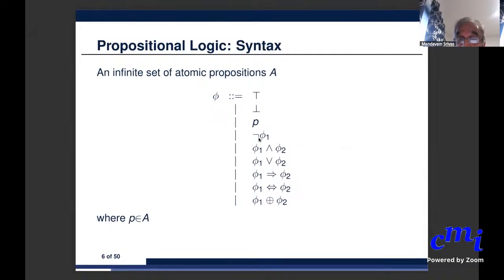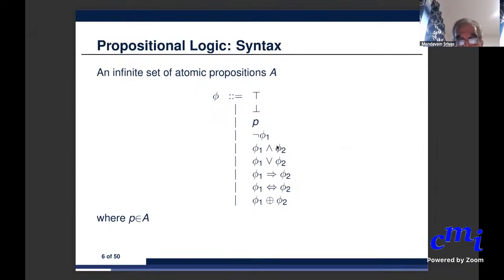Sometimes you only have a subset of these, and there is this notion of universality, because implication, equivalence, and exclusive or can be expressed in terms of not and or, as you probably know. So sometimes you restrict propositional logic just to these three connectives. Those are stylistic variations.